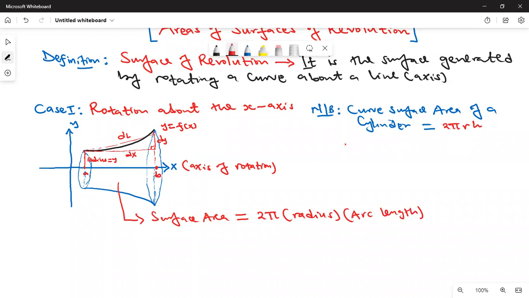Now, do we know the radius? In this case, the radius is y. It keeps changing.